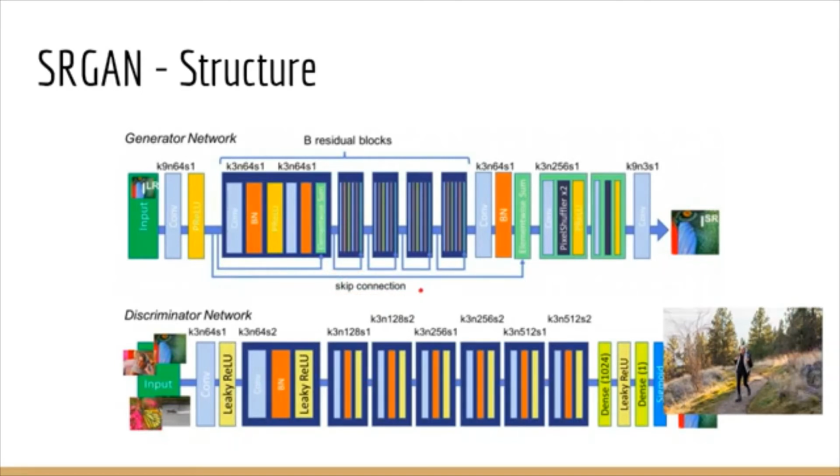And then you have the second part, which is the discriminator. The discriminator network takes pairwise samples. It is supposed to get a high resolution and a low resolution image, compare them, and say if it is able to find them to be the same or not.